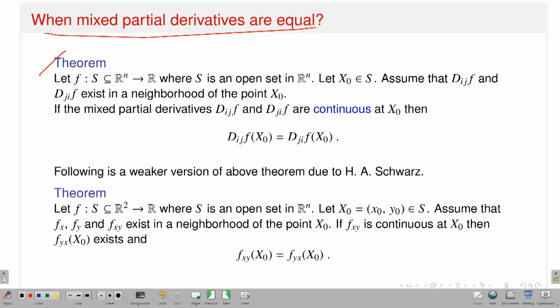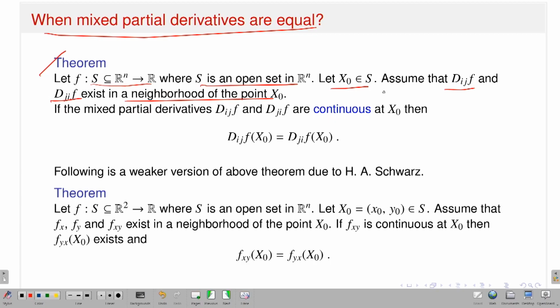Suppose you have a function f from S to R, where S is an open set in Rn, and let x naught be a point in S. What is my assumption? I am saying that dijf and djif exist, that means the mixed partial derivatives exist in a neighborhood of x naught. Later I want to talk about continuity, so to talk about continuity I need the existence of the mixed partial derivatives in a neighborhood of x naught.